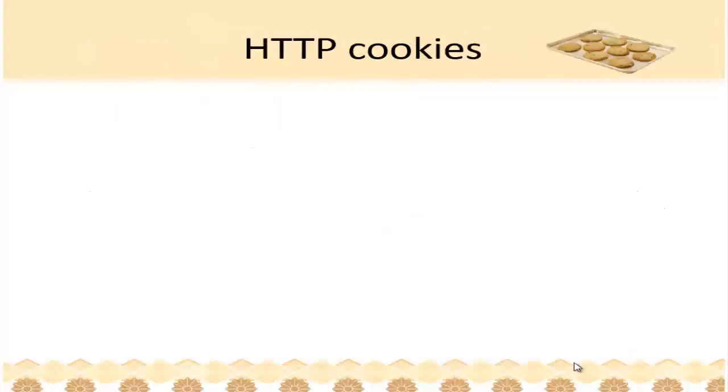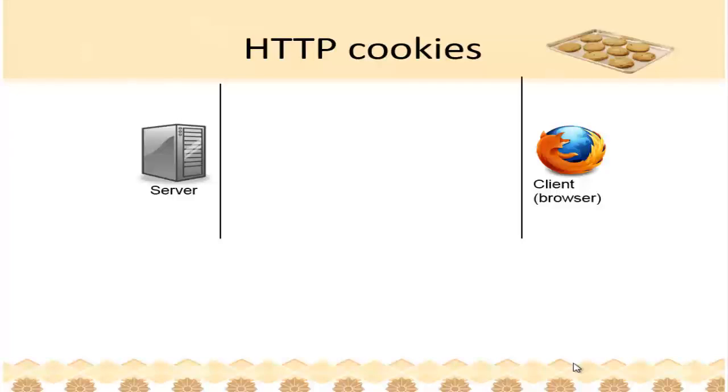Let's look at the way in which the HTTP protocol uses the cookie. Now, when we talk about the HTTP protocol, whenever the client makes a request for a given HTML page or a PHP or any page for that matter, this is the GET request of the HTTP protocol.